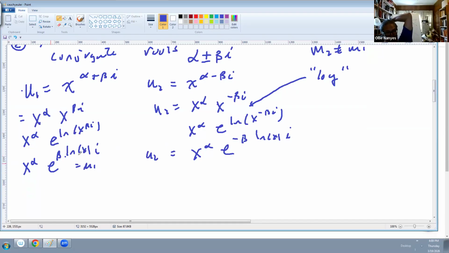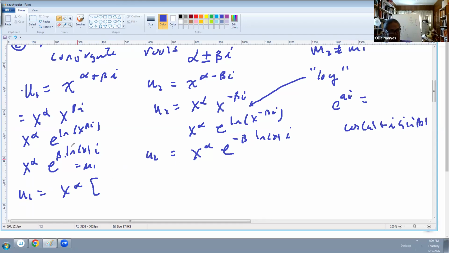But if we use Euler's formula and write u1 as x to the alpha times, and remember we're using e to the ai as cosine a plus i sine a.